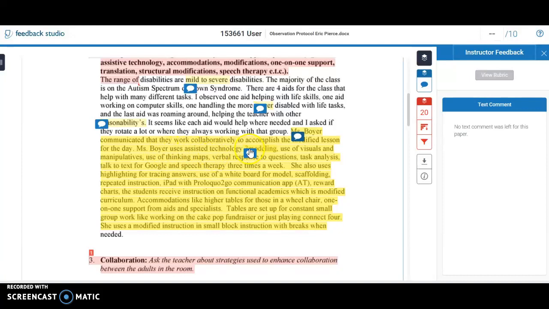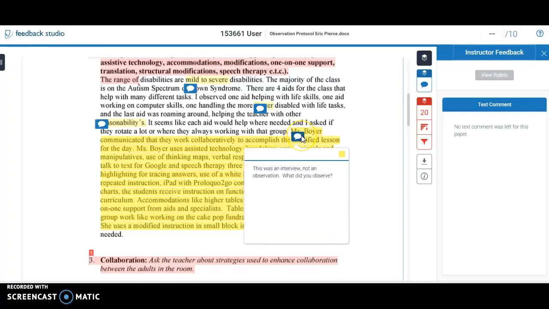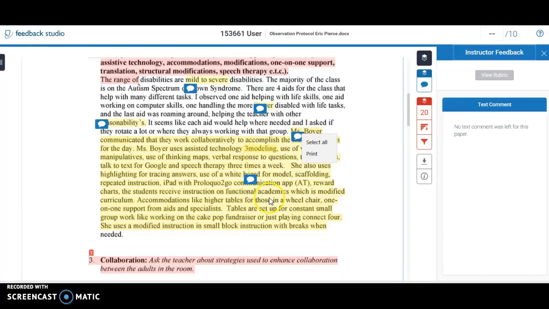This boy here uses assistive technology for modeling. I accidentally put 3, it was supposed to be 4, it autocorrected and I didn't change it in time. Of course, she had to say, this is not an issue. She told me a couple of things, and then I observed a lot of her seeing all of these uses.